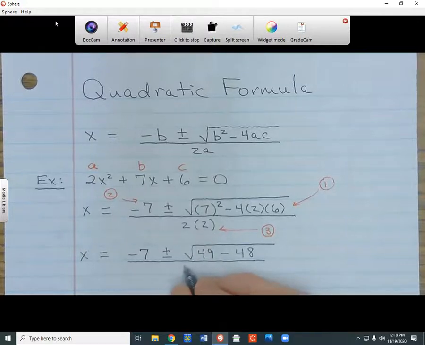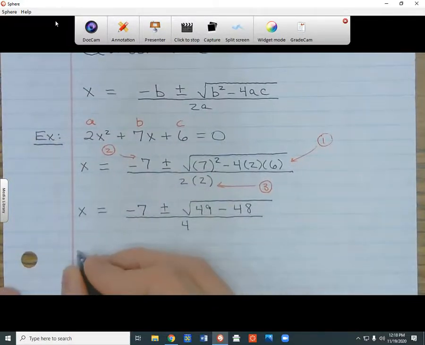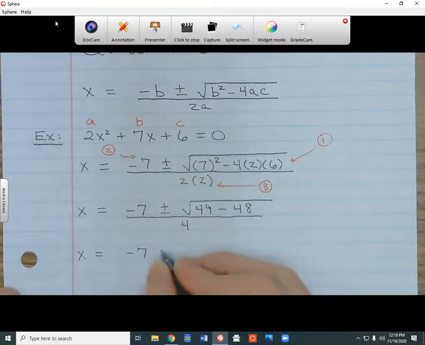Alright, so this is beginning to take shape. We need to finish simplifying the radical, and then we can move on to this, and then finally move on to the denominator. So x equals -7 plus or minus the square root of what? 49 minus 48.